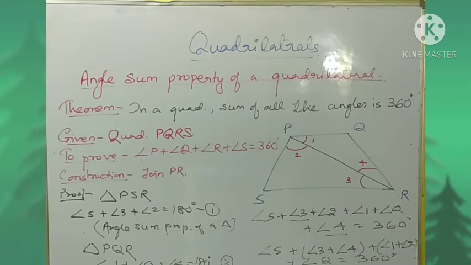Now what is 3 plus 4? 3 plus 4 is angle R. And what is 1 plus 2? 1 plus 2 is angle P. And this is angle Q, which is equal to 360 degree. So thus we have proved that in a quadrilateral sum of all the angles is 360 degree.